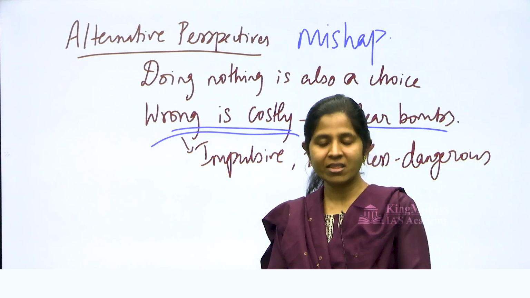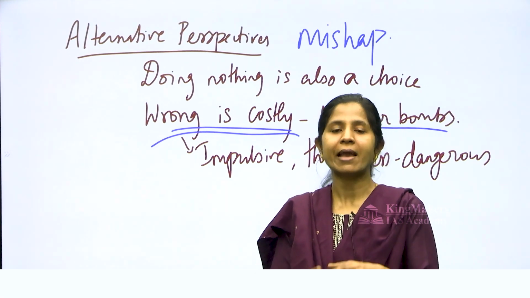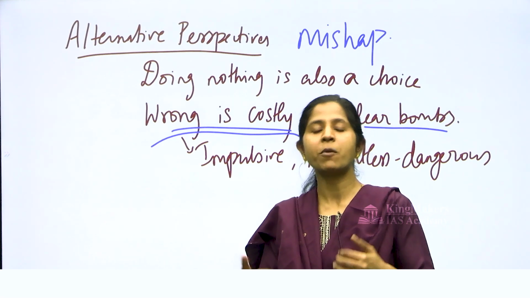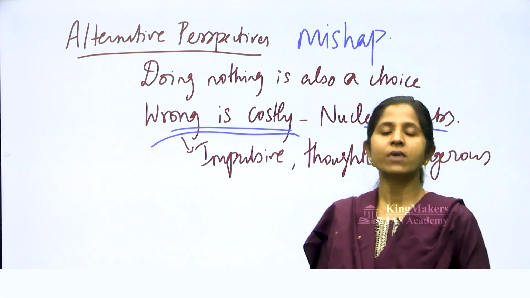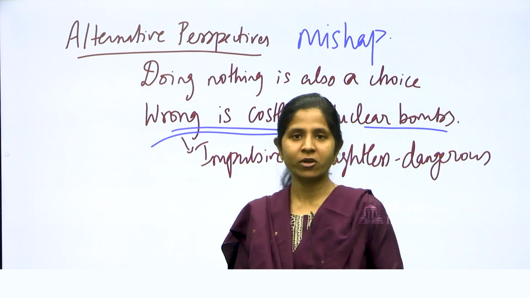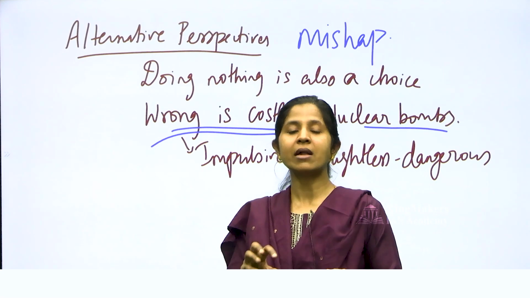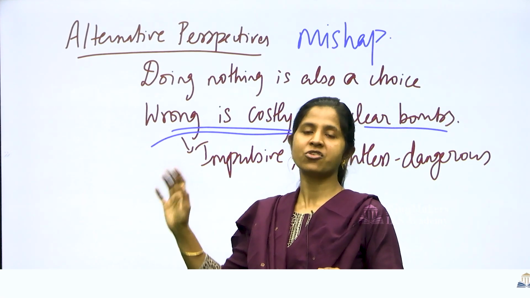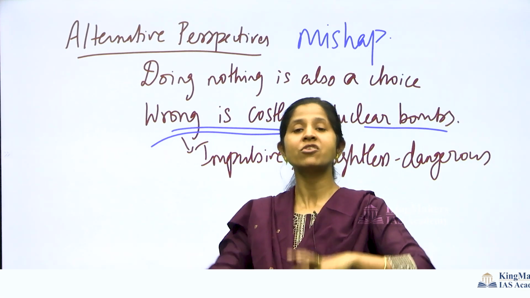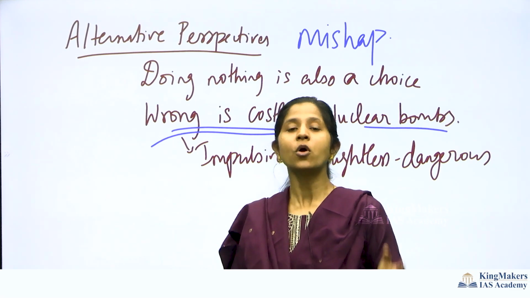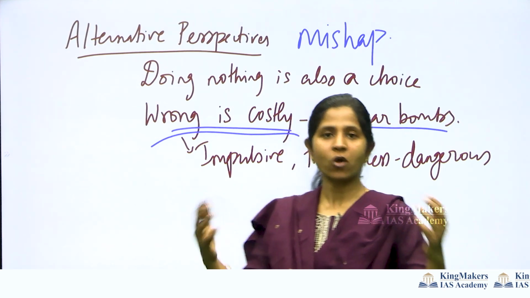But please do not mention things that happened recently, because it may not be proven exactly whether it is right or wrong. Like demonetization, you cannot criticize it now. You can talk about the better things about demonetization, but do not criticize it because it may be considered a political message. It is better to talk about something from history or from other countries, how they did something wrong and it went disastrous.